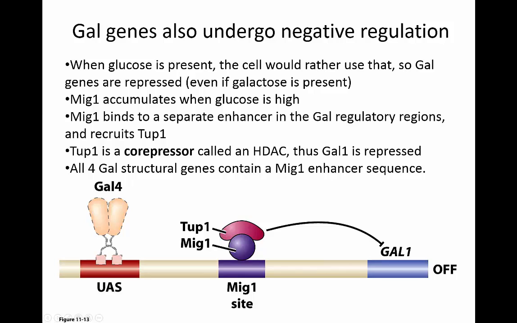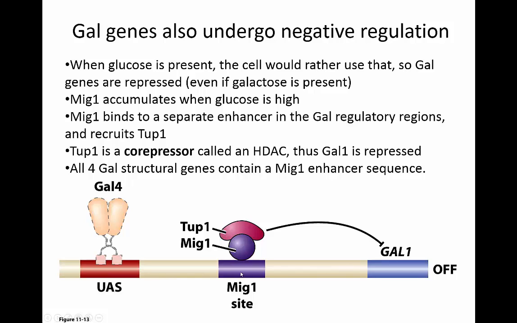The way this works is that there is a protein that accumulates when glucose is high, called Mig1. Mig1 is high when glucose is high, and Mig1 binds to a completely separate enhancer in each of those four structural Gal genes.